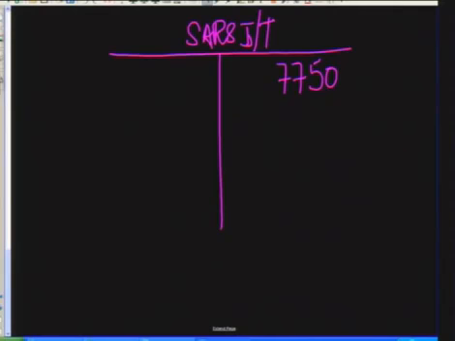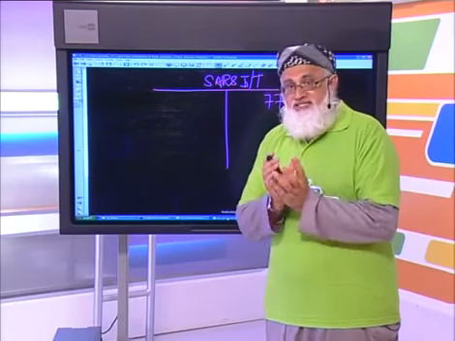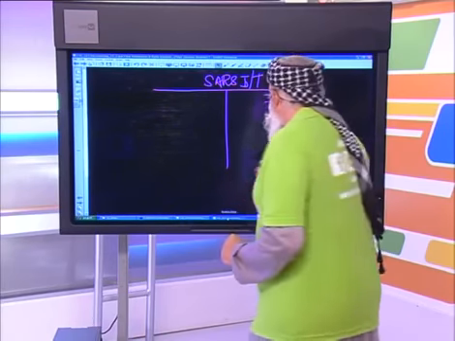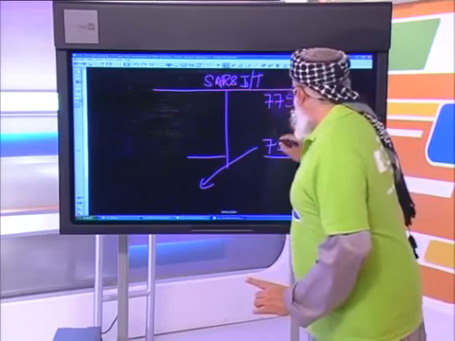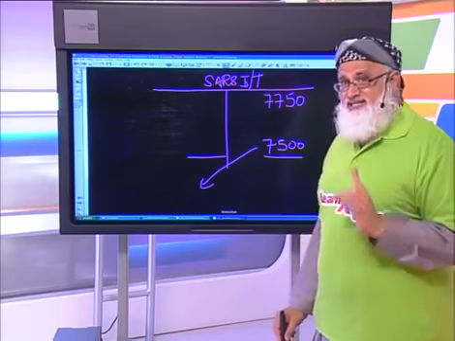This is important. Because there's a closing balance on the debit side, it has to first feature on the credit side, 7,500, because what's going to happen below your line, when you bring down your balance, you're going to bring down that balance on the debit side. So notice that this balance first appears on the credit side.